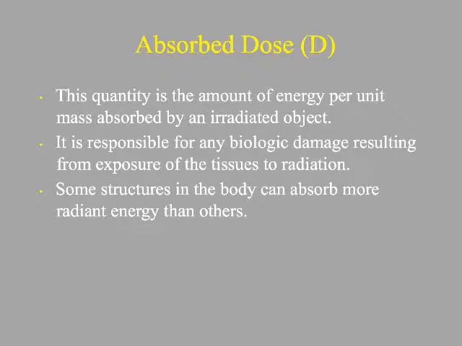When we talk about absorbed dose, this is now gray in tissue, and it's the quantity of energy per unit mass absorbed by the irradiated object. We're still going to think about it as joules per kilogram. And it's going to be important to think about, as we think about dose, the skin being at the surface of the body is going to receive the majority of the dose for all radiation therapy and X-ray exposures.